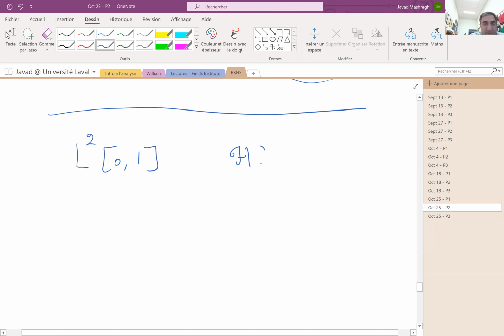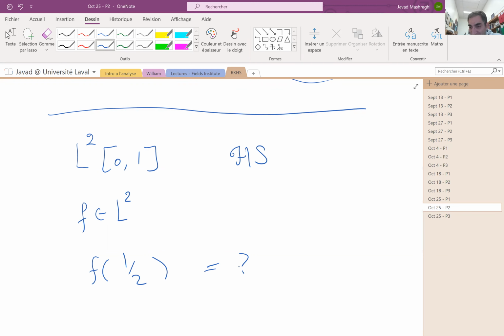Of course, it's a Hilbert space. But when a function is in L2, you cannot talk about the evaluation at a point, because a function in a Lebesgue space is a ghost of a function. It's a family of functions, and we use a representative.